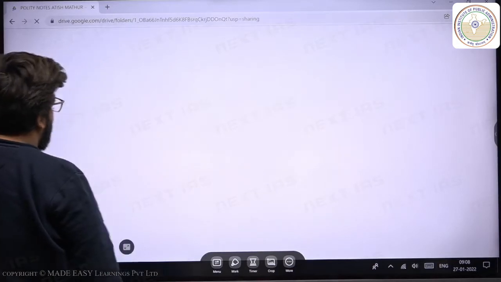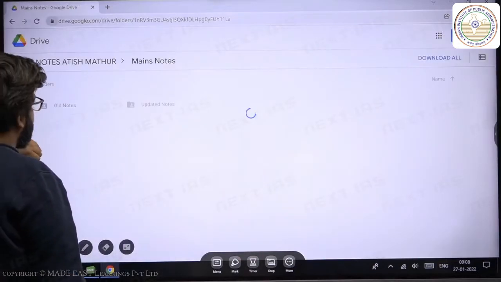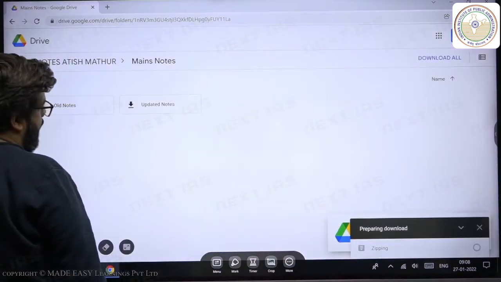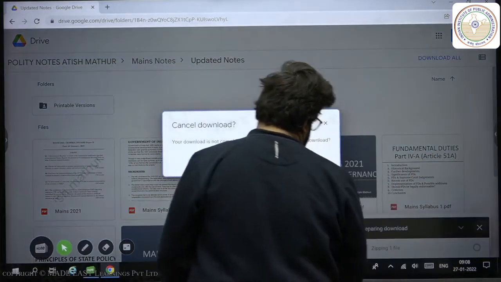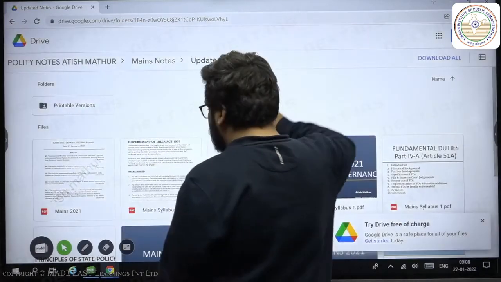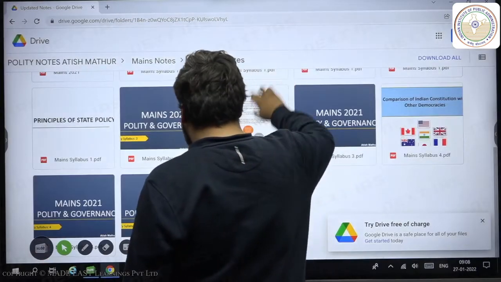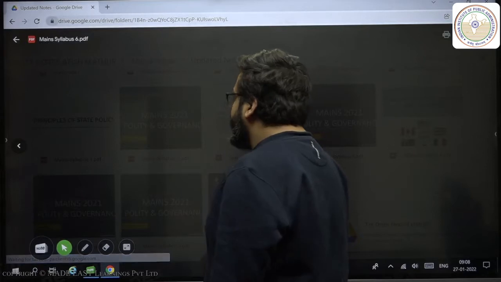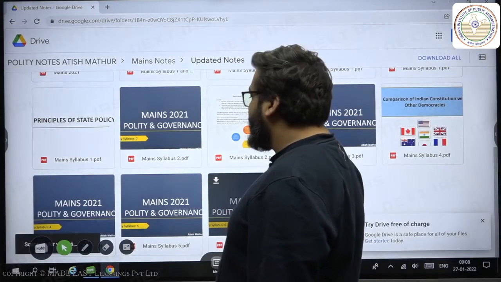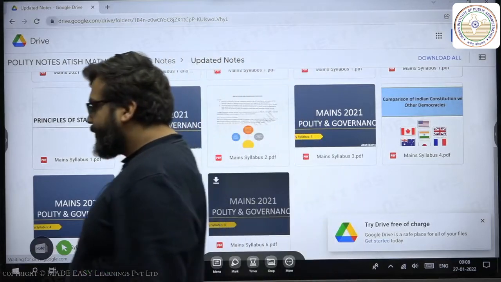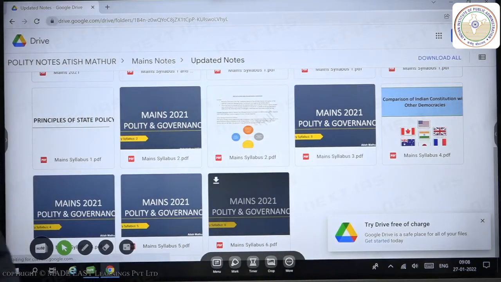So all you have to do is go to the mains notes, go to updated notes, and go to theme 6, because this is the sixth point under your mains syllabus. That's how we've organized it.